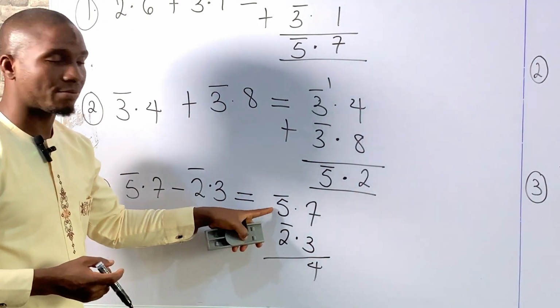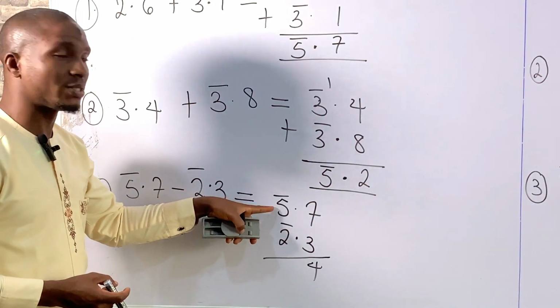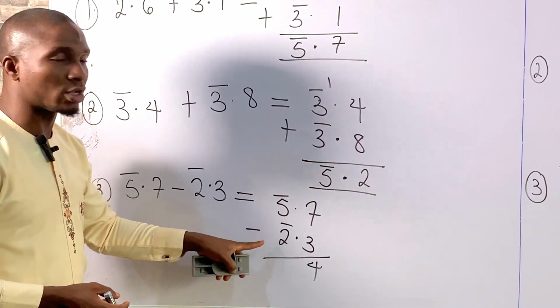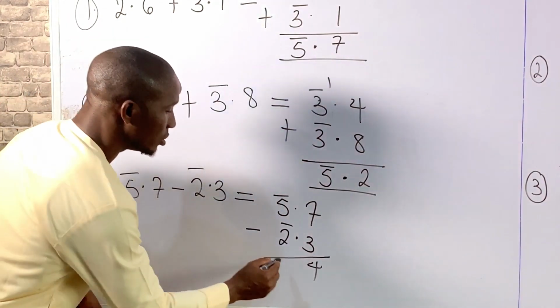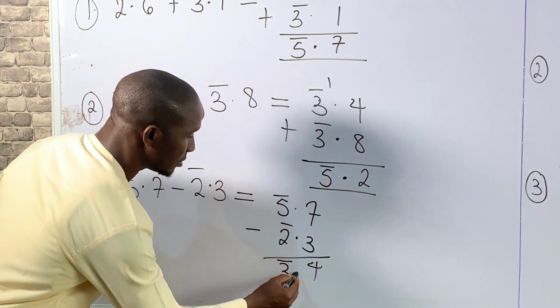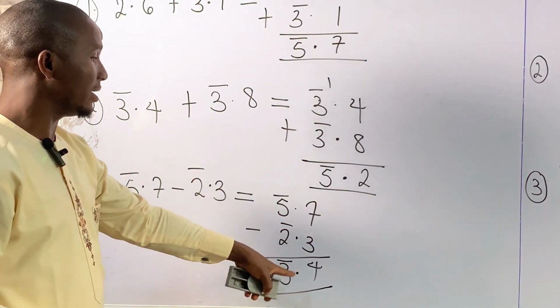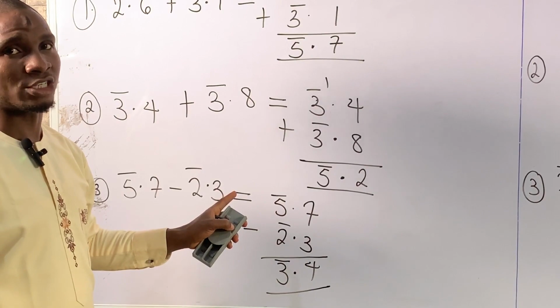Minus 5 minus minus 2. The minus will become plus. So I'm going to have minus 5 plus 2. That will be minus 3. That will be bar 3. So the answer to this question is bar 3.4. So this is the addition and subtraction.